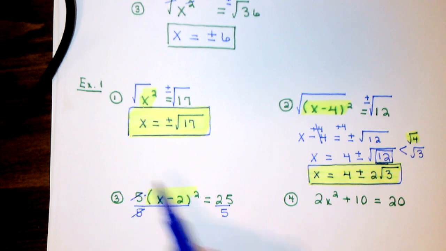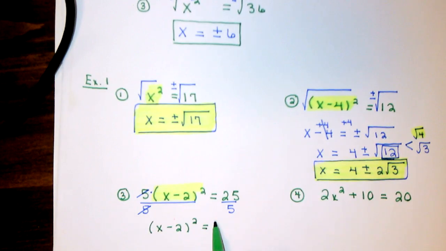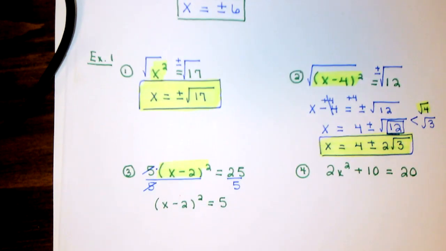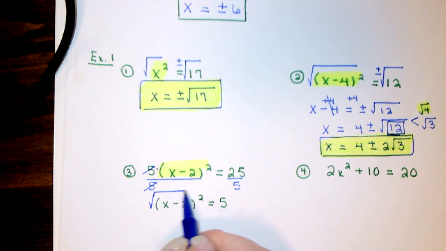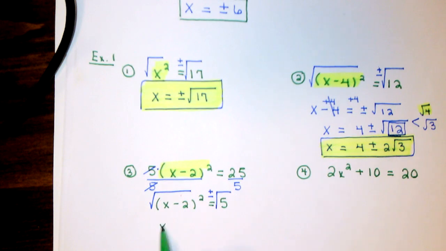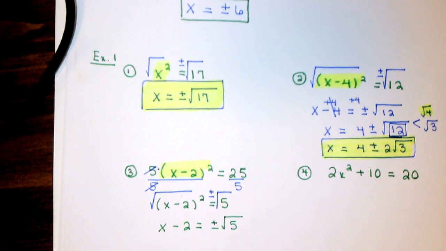These two are going to cancel. You're going to be left with x minus 2 to the second equals 5. From this point, you're going to square root it. Don't forget your plus and minus. So we're going to get x minus 2 equals plus or minus radical 5.